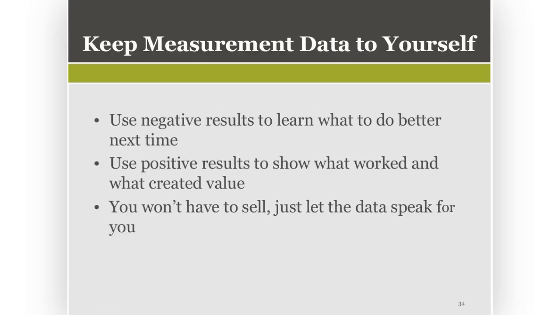Instead of keeping that data, telling everybody what your data is, my strategy here is to use the negative results to learn what to do better the next time, and then use the positive results to show what worked and created value. So, point is, if you have bad things happen out of your measurement, you don't have to tell people.